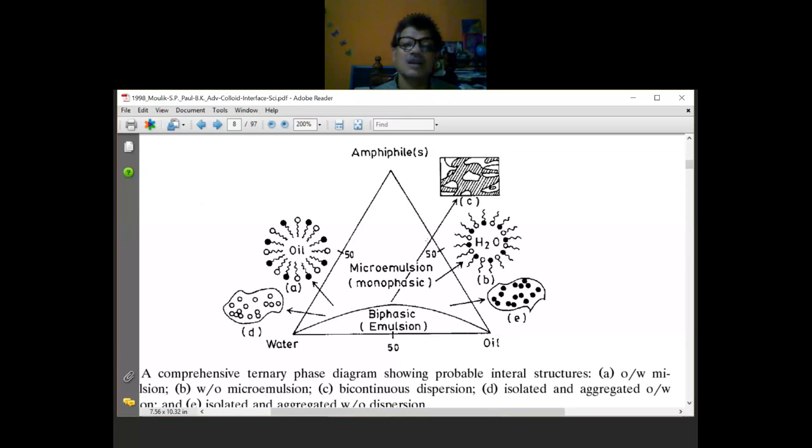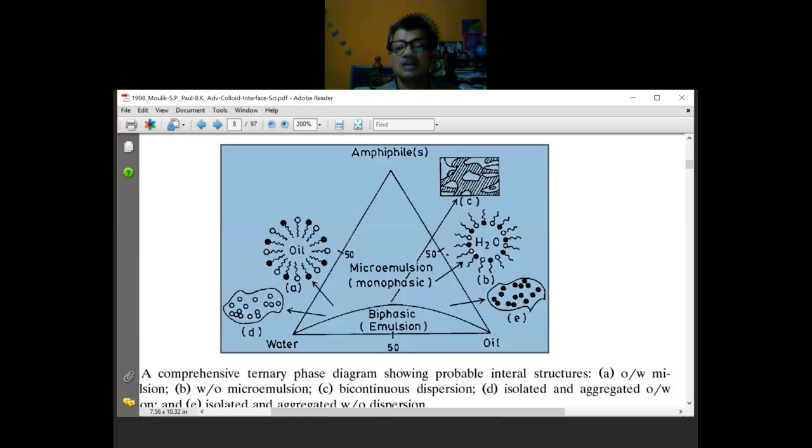So this line corresponds to the amphiphile dissolved in water. The line on your right hand side indicates the amphiphile dissolved in oil. So here, when the amount of oil is very high, when there is no water, you get a reverse micelle. So this E is nothing but a reverse micelle.